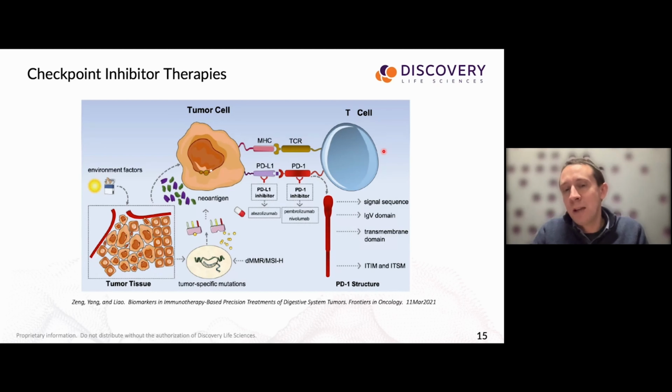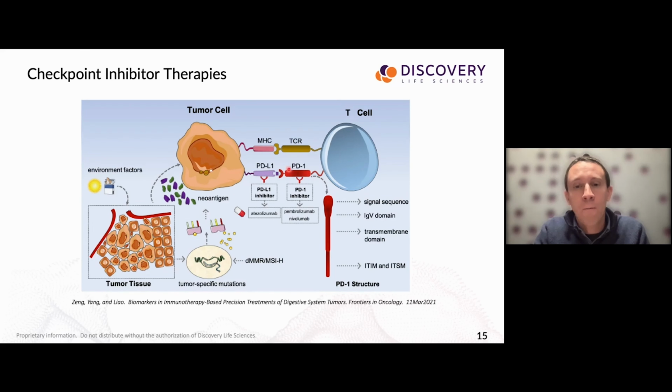However, those T cells are largely hyporesponsive. One of the mechanisms of that is the expression of inhibitory receptors on their cell surface. One of the best studied of these is PD-1. When PD-1 is engaged, it actually turns a T cell off, such that even if it could recognize a target cell to kill, it becomes unresponsive.